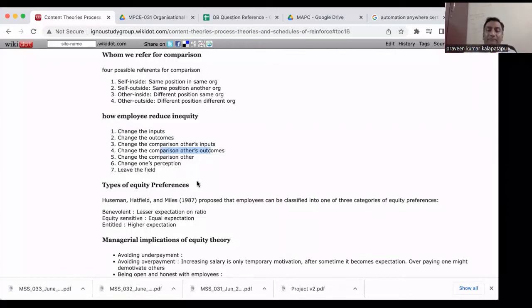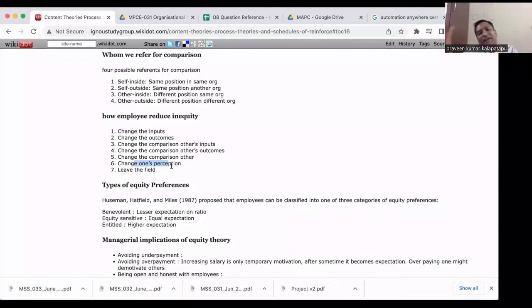Okay. Or else I change the person altogether. I will not compare with this person. I will take another person. Oh, this person is an exception. See the other person, he is actually earning less than me or almost like me. Right? This is just a wrong example, that's all. Or else I change my perception altogether. I will see things in a different way. Oh, what salary?